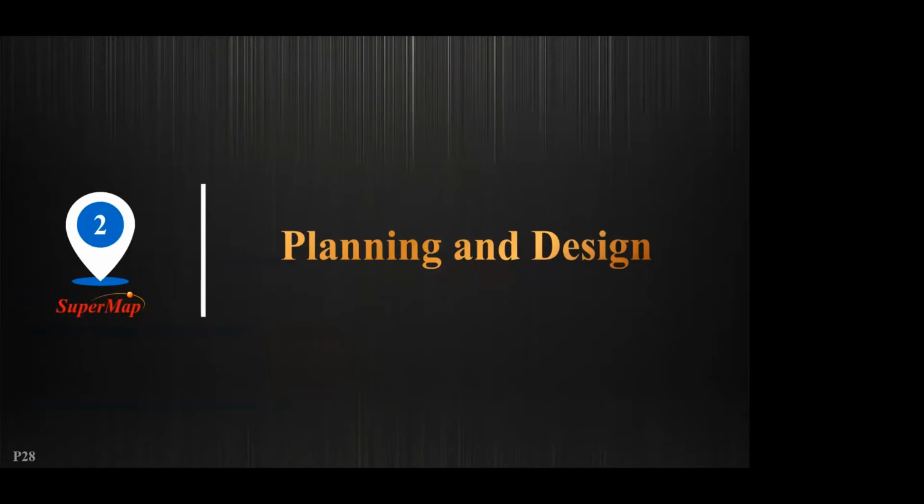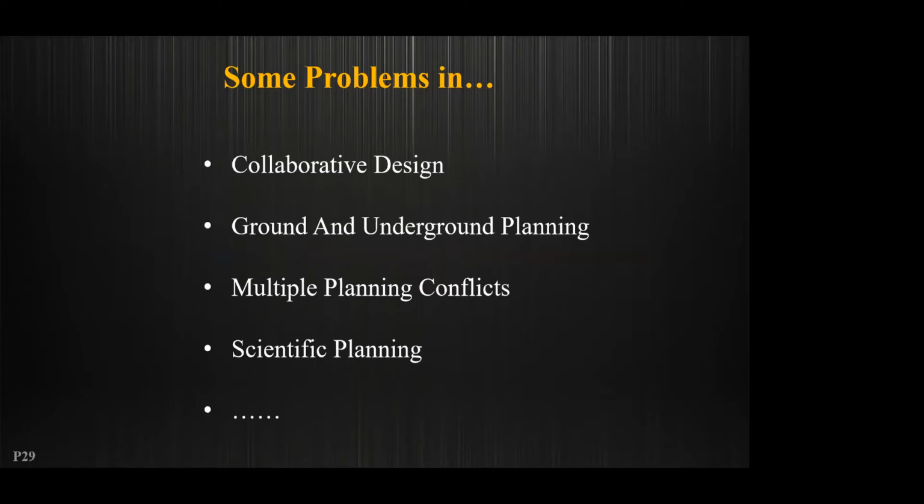And then after we import and visualize all the models, including oblique photography and BIM, the next step is planning and design. There are some problems, such as wanting to achieve collaborative design, ground and underground planning, multiple planning conflicts, and scientific planning.